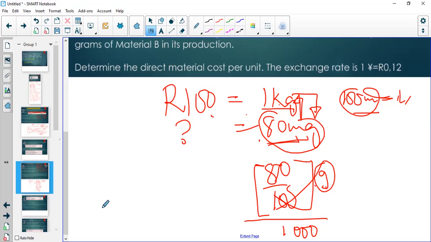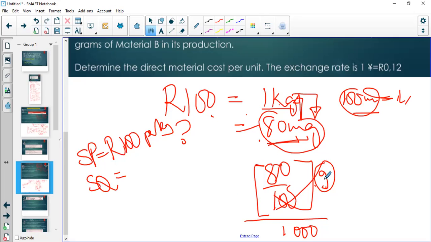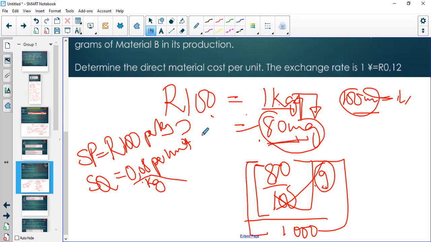Now we have our standard price being equal to 100 rand per kilogram, and our standard quantity being equal to, I don't know what simplifying this will give me, something like 0.08 kilograms per unit. I didn't say this is the correct answer. The correct answer you get by simplifying, whatever it is.